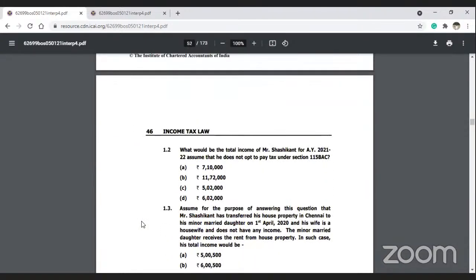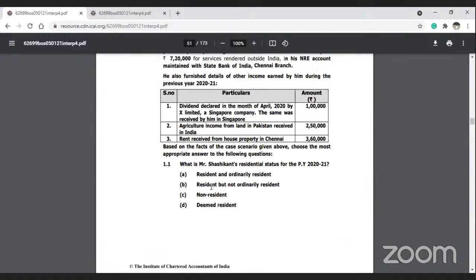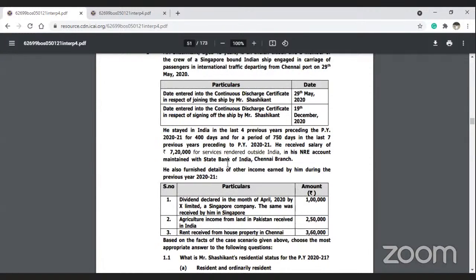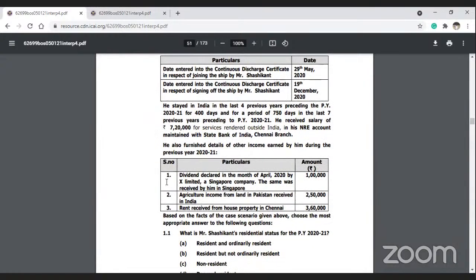So the second question is, what would be the total income of Mr. Shashikant for AY 21-22? Assume that he does not opt for 115BAC. He's a non-resident, so he will add this, right? 7,20,000. Yes. Then 1 lakh will not be included. But why, Vidhi?